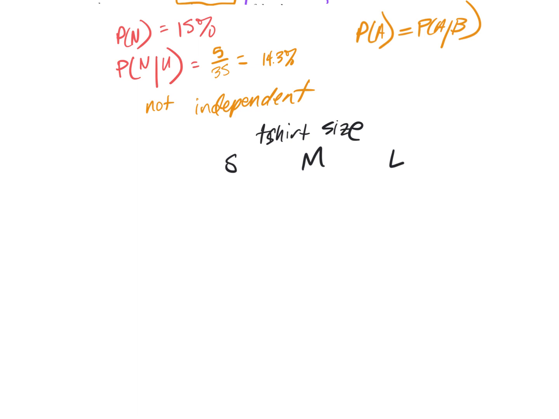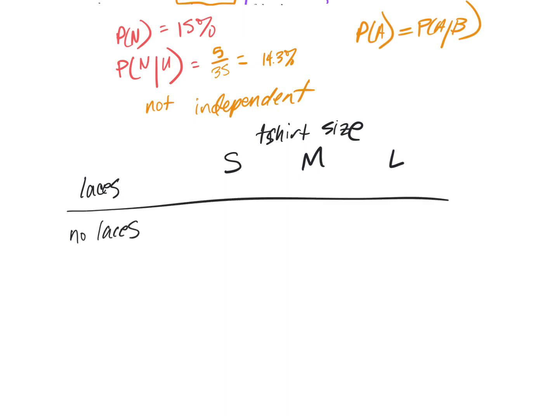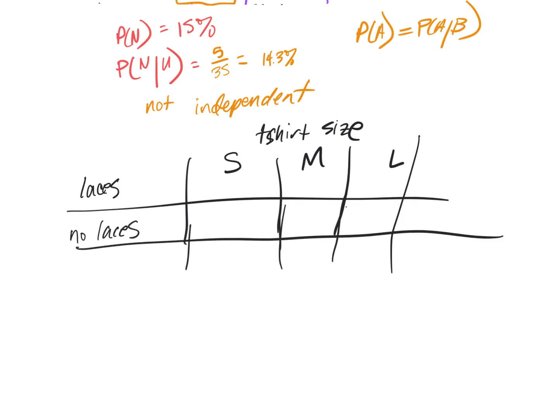The other variable we're comparing to t-shirt size is, I'm just going to use the one I used last time, but it's a really bad idea: laces and no laces on the shoes. The only reason it's a bad idea is that L can't be in both variables. But you guys are smart enough to figure this out. I believe in you.